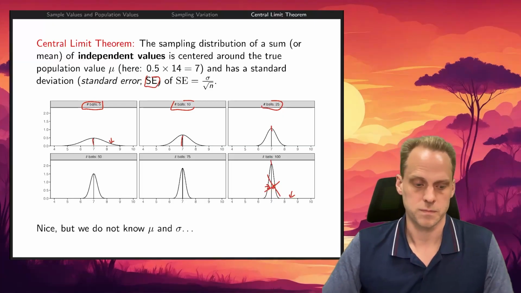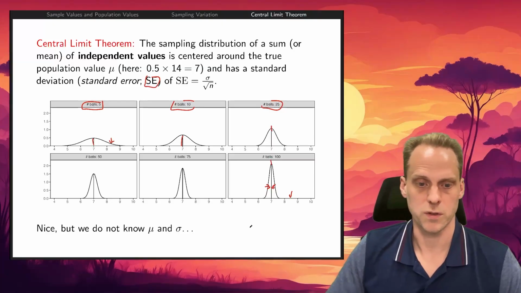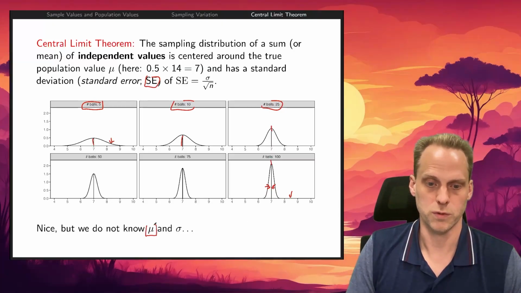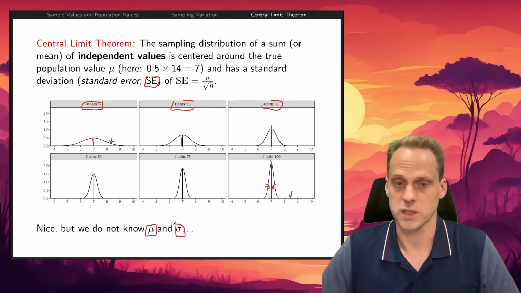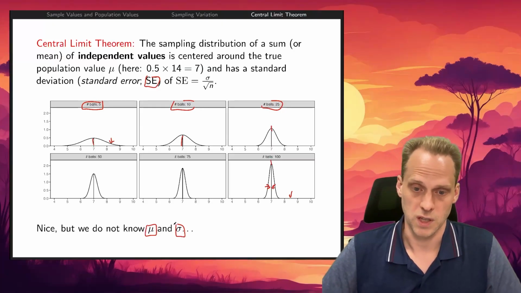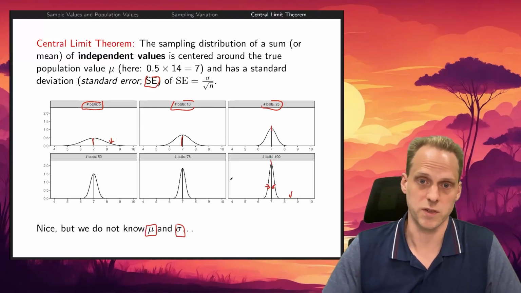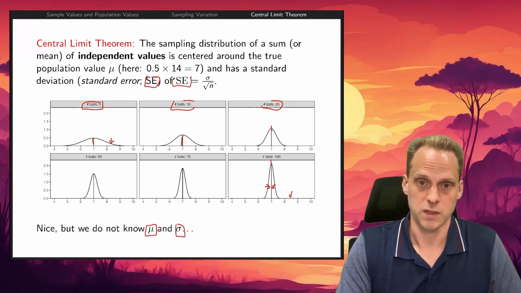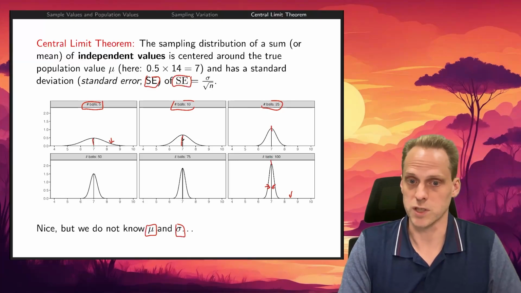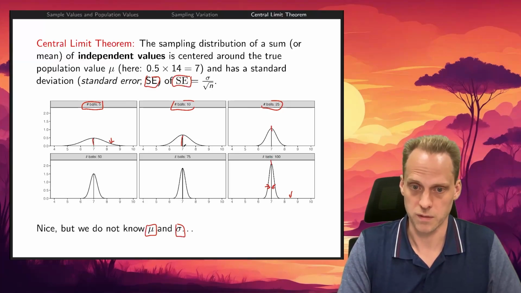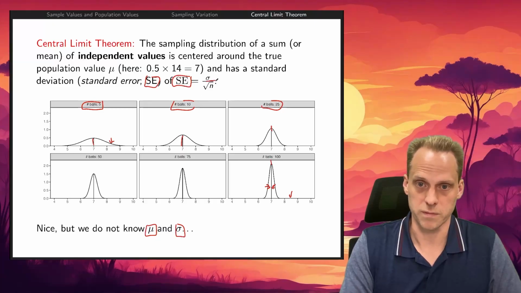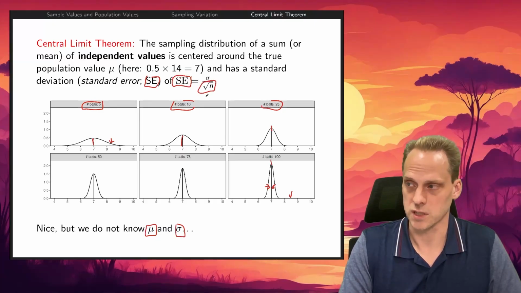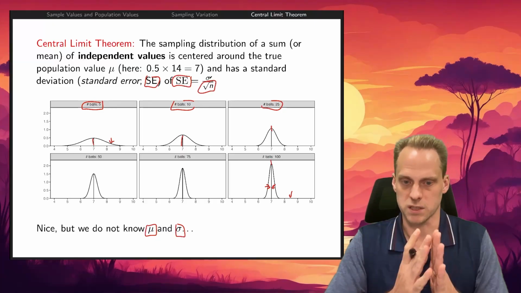Yeah. That's nice, but often we do not know mu or sigma. We don't know this mean or the standard deviation. And that's a bit of a problem. We don't know the standard deviation, we don't know the standard error. So the standard error is the standard deviation of the distribution of the mean score. It gets narrower the higher the sample size, because it gets more precise.